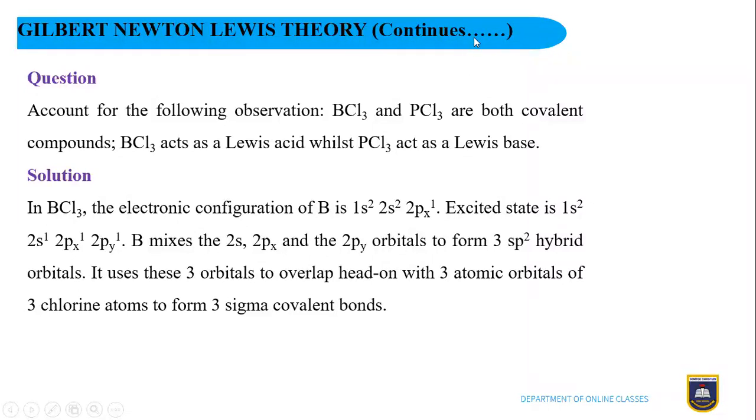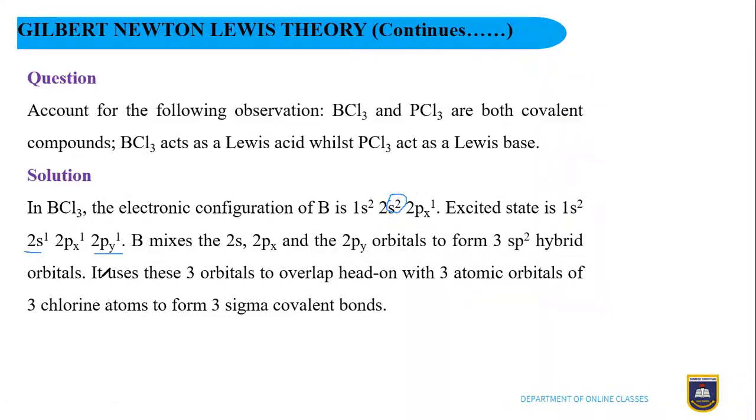I explained that one of these 2s2 electrons will go into the 2py. That's at the excited state when it absorbs a lot of energy. So boron mixes the 2s, 2px, and the 2py orbitals to form 3 sp2 hybrid orbitals.